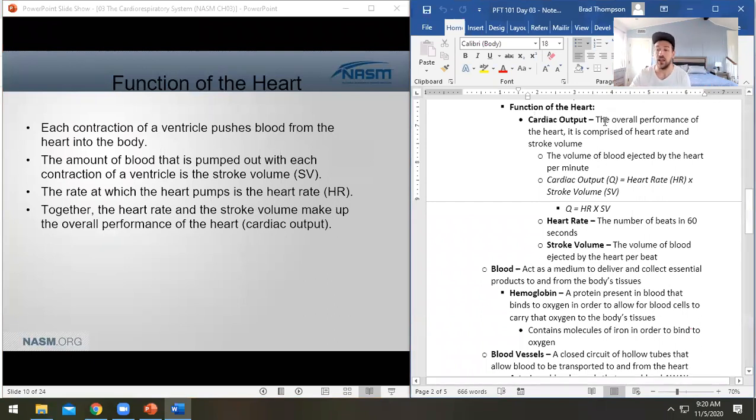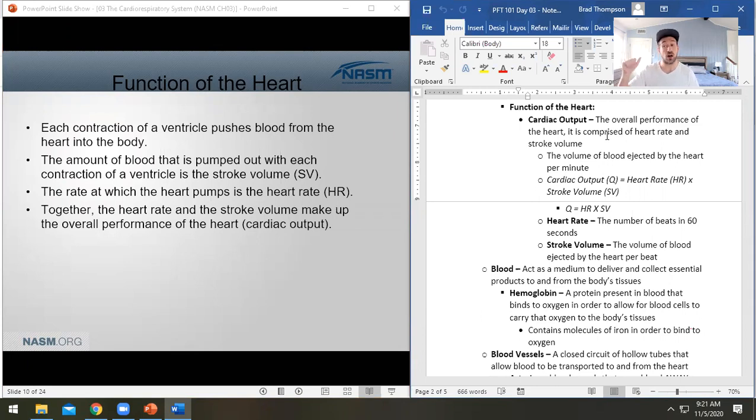Okay. And so function is made up of two things here, right? There's two main things that make up how your heart is actually working. One of those things is how much blood can be shot every time your heart beats, right? How much blood travels every time your heart squeezes. And then the other part of it is how often your heart can squeeze, right?